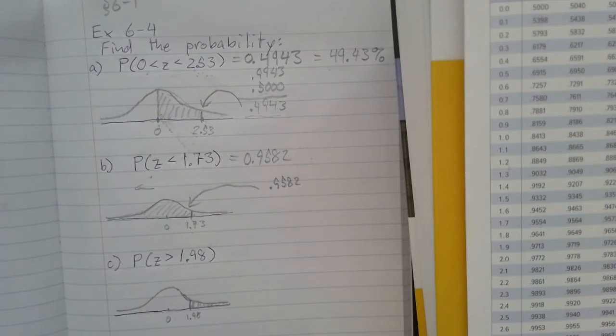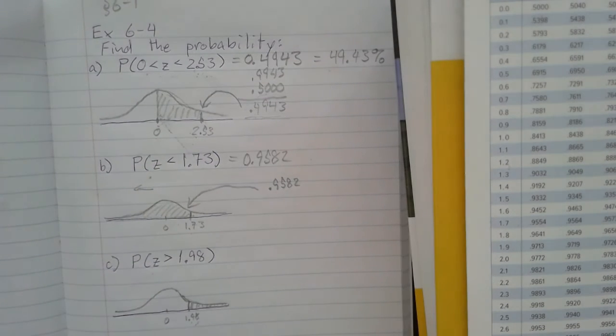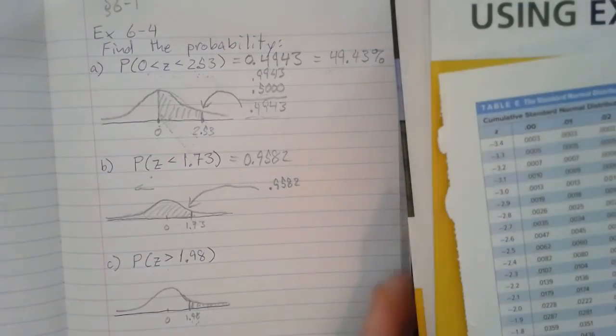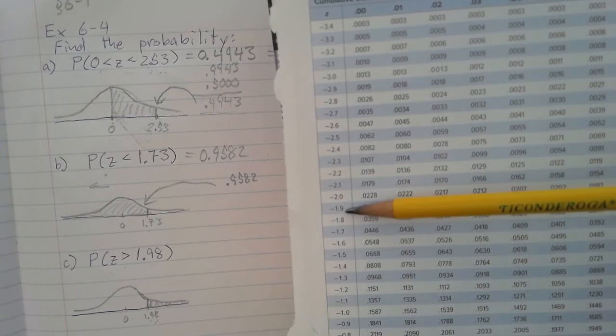Here I'm going to employ the shortcut to find the right area. I'm actually just going to plug in the opposite. Instead of positive 1.98, I'm going to flip to the negative side. Here, I've got to locate negative 1.9.